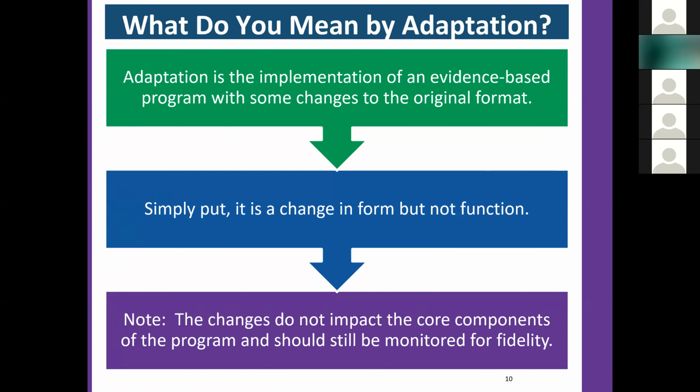Now, let me give you an example of where that line might begin to get a little blurry. Say you want to reimburse families for something that was originally provided. For example, in an original model, the parent support group provided childcare on site free of charge for the families to participate. Your organization doesn't have the capacity or the facility to offer the free on-site childcare during group.